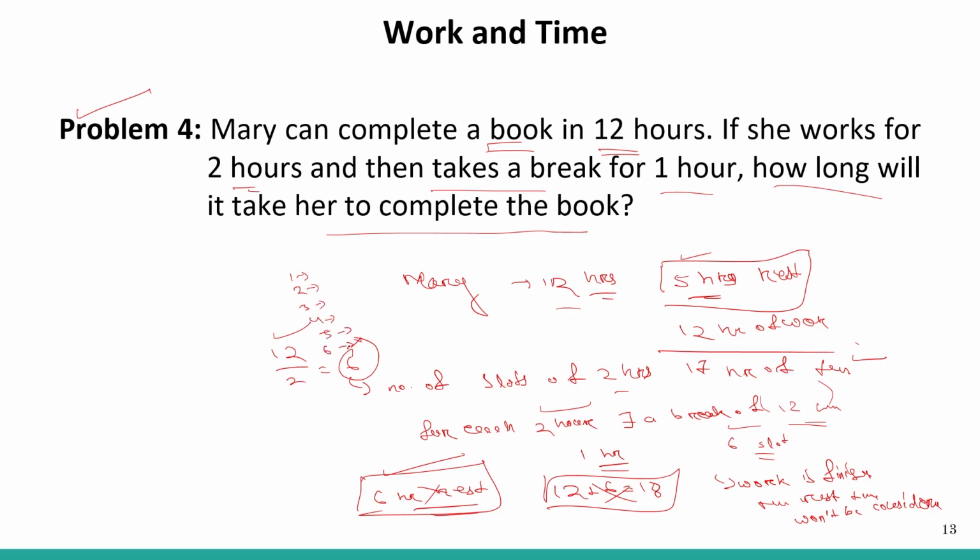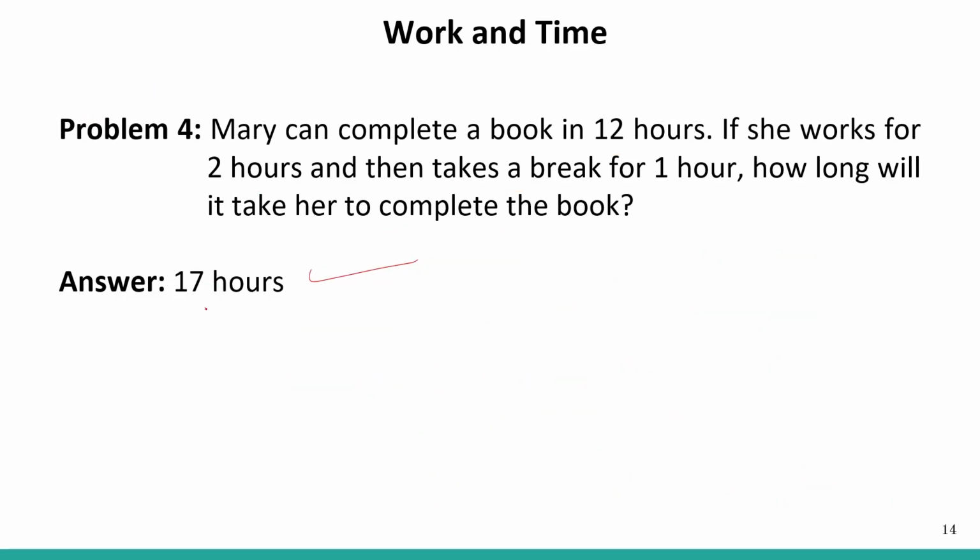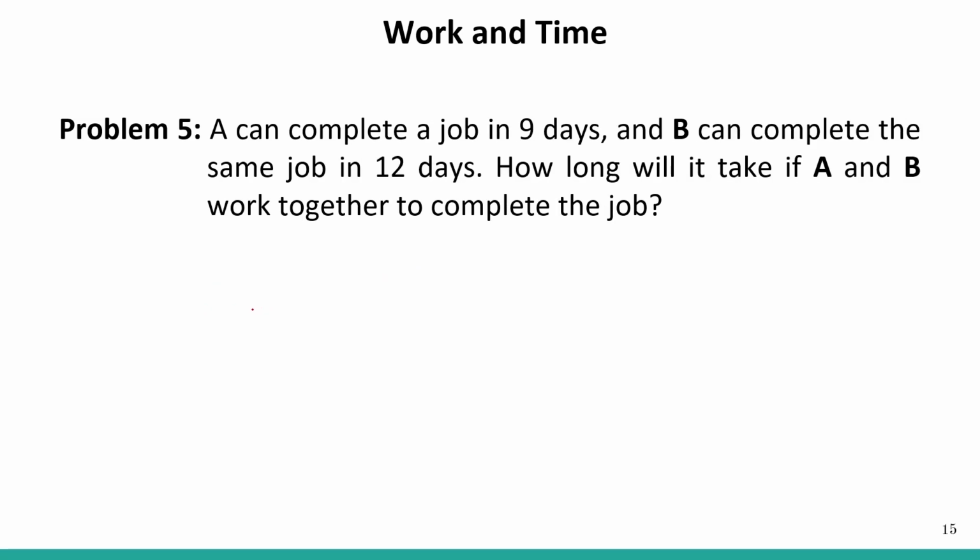After the sixth it won't be considered, right? So 5 hours of rest. So 12 hours of work and 5 hours of rest is equal to 17 hours of completion time for that book. So 17 hours will be the correct answer.